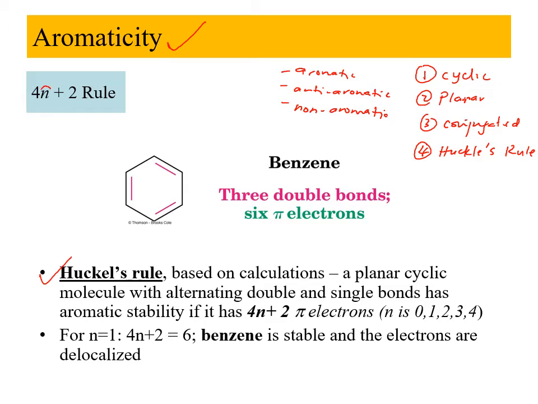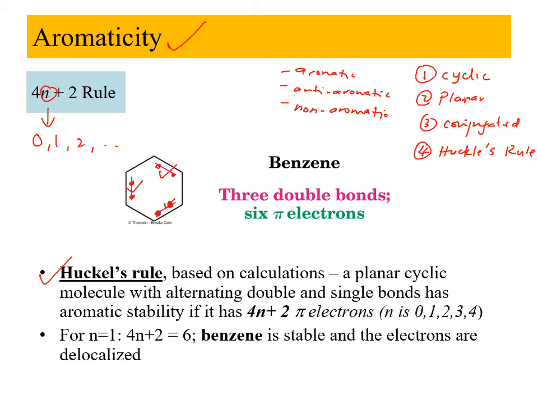The n here can be any integer ranging from 0, 1, 2, 3, and so on and so forth. So for benzene, it has 3 double bonds and it has 6 pi electrons.